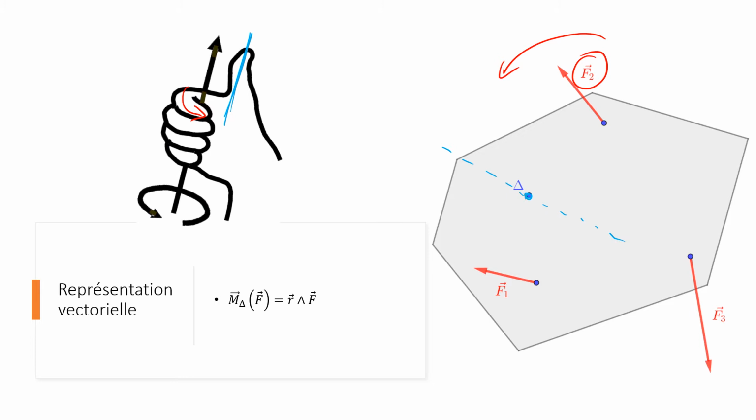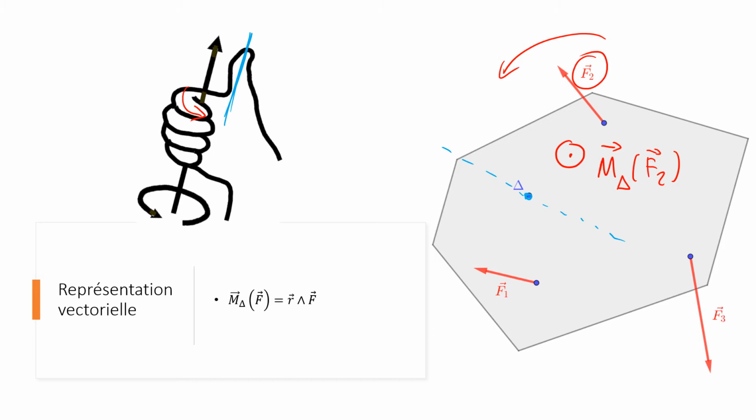So in this case, the torque of F2 is going to be represented by a vector coming out of the plane of the body, like this. This is going to be the moment around the axis delta of the force F2, and this is a vector. We'll see later on what the magnitude of the vector is.